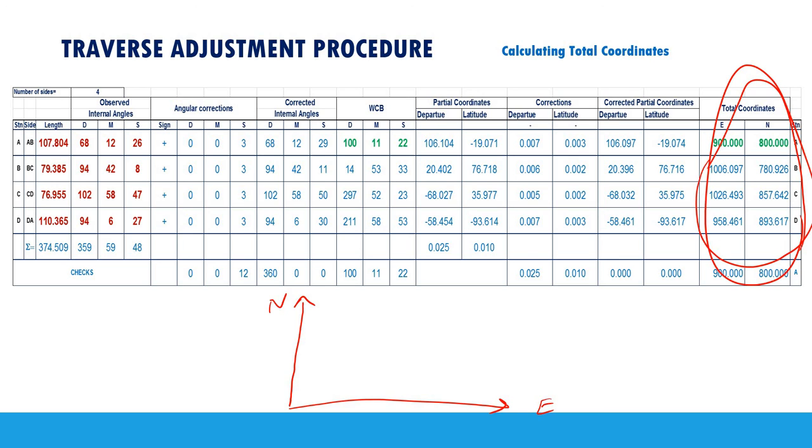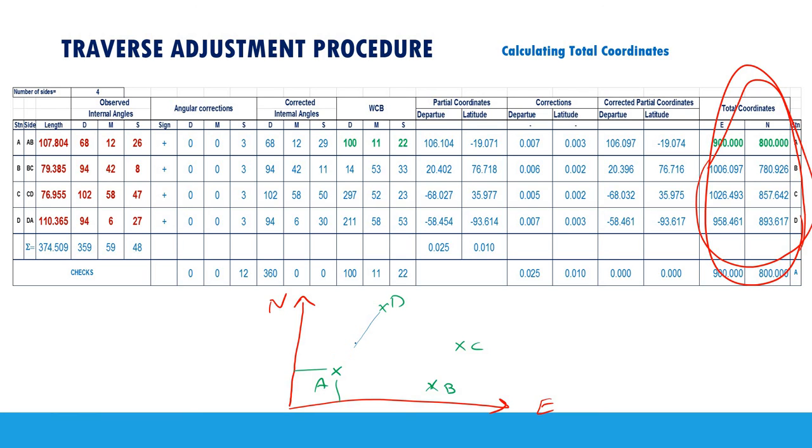You can just represent these 4 points on a coordinate system. So this is point A, this is point B. You have the value of the coordinates of each one of them. This is, let me say, point C, and this is point D, and then you can join these points by lines.